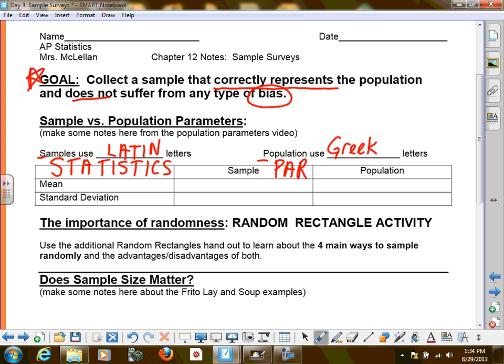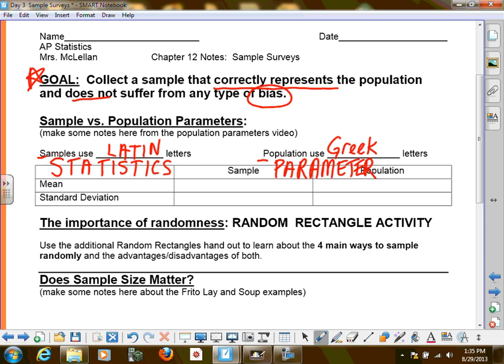If somebody somewhere is all divine and knows that 30% of the United States likes the color green, that's called a parameter because it's about the whole population. On our bears, when we had the luxury of knowing that value for the whole population of bears, those were called parameters. And what we got in our samples were statistics.